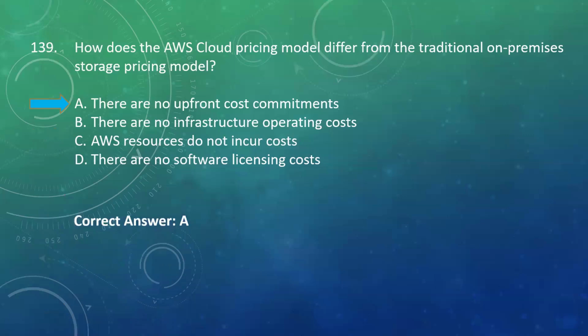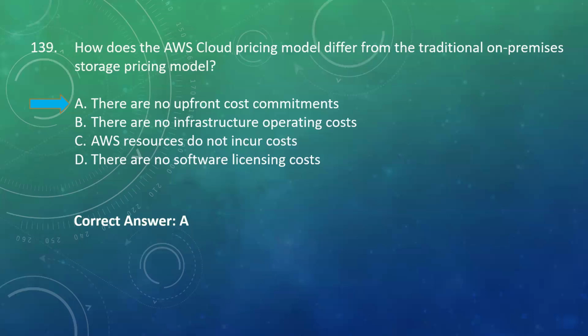With on-premise storage, a business would typically have to purchase and maintain their own physical storage devices, which can require a significant upfront investment. Now, here we are basically talking about CapEx and OpEx, which is capital expenditure or operational expenditure. When you move from on-premise to cloud, you make a move from capital expenditure to operational expenditure.